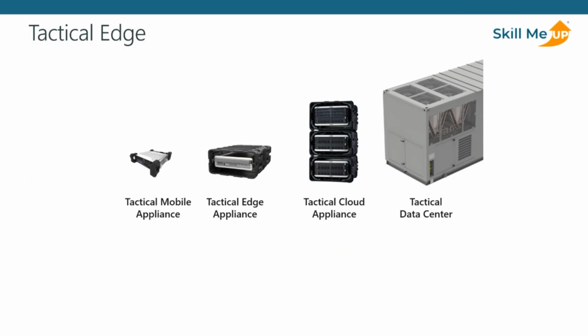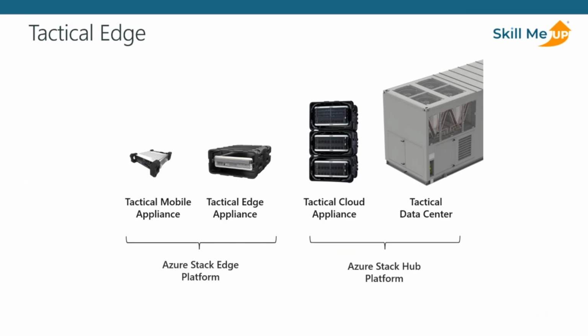So another advantage in the tactical is what they call tactical edge. The big thing about the tactical edge pieces is that these are the devices that are available for doing a rugged type of deployment, whether it be a data center or cloud appliance or an edge appliance. The idea here is that you have your Stack Edge at the lower end and your Hub at the higher end.